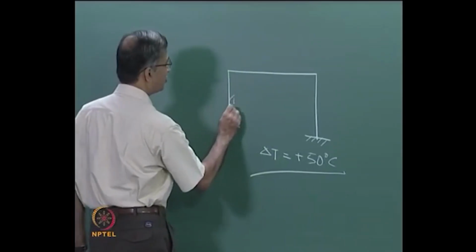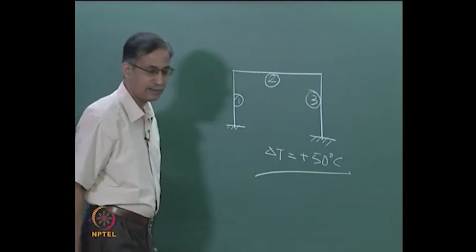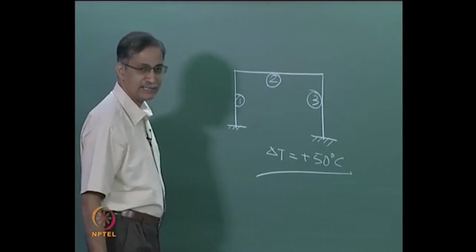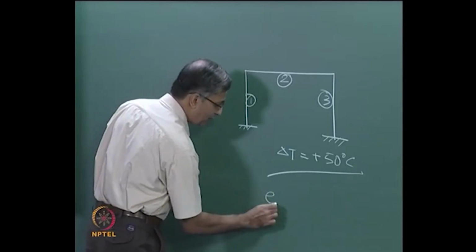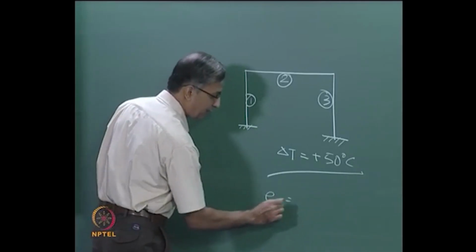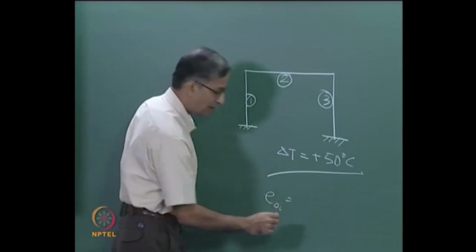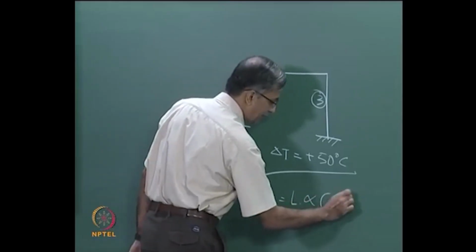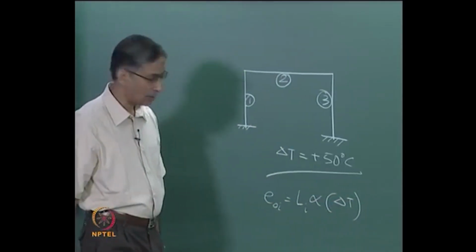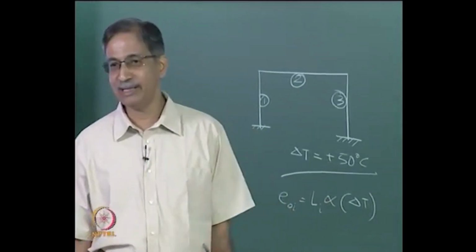So how do you find the, okay, you find the change in length, you have elements 1, 2, 3. The change in length will be, we use the notation E naught I will be, sorry, Li alpha delta t, right. Okay, you have got this. Now what? This is the free elongation, if it's allowed to freely elongate.